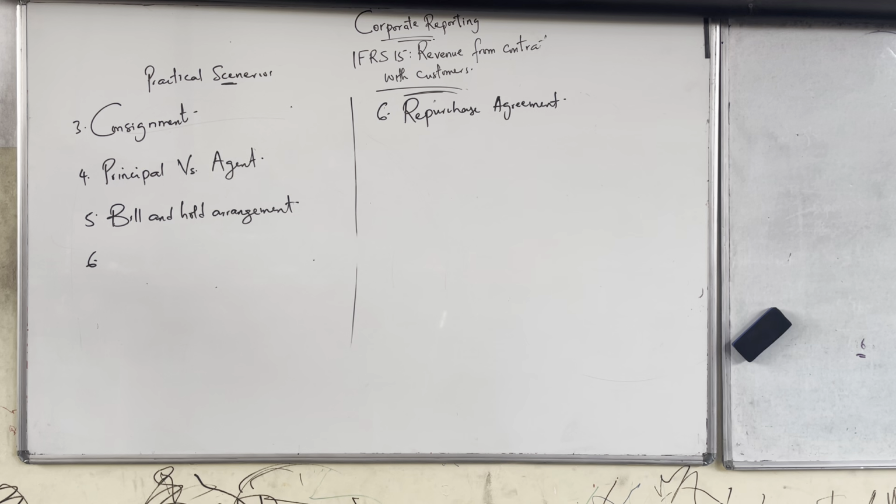There could be more depending on where you find yourself, but we just took the six that are not usually clear, that have complexity around them. We clarified them, so the only one remaining is repurchase agreement.